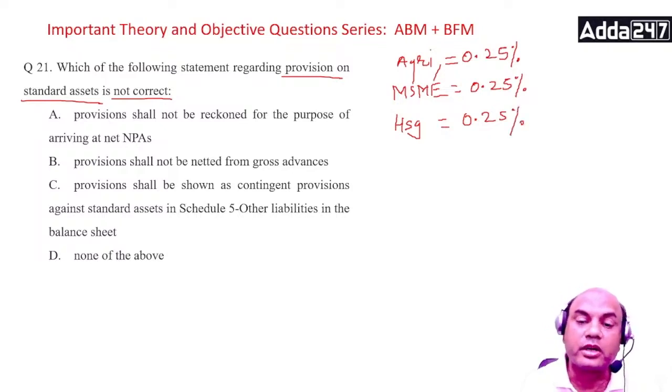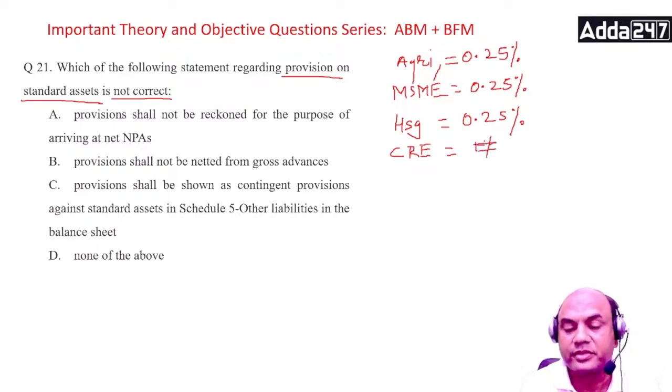Okay. For commercial real estate, CRE we call it, what is the provisioning? The provisioning is 1%. Sorry, 0.75%. This one, yeah, it is 1%.